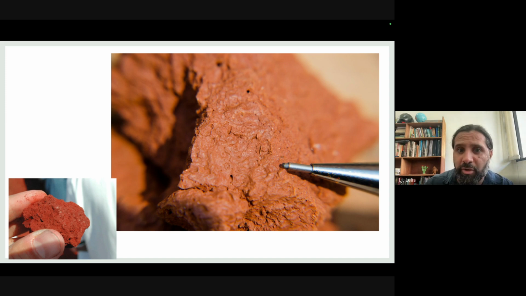Because we have some processes that seem to be connected to the genesis of nitic horizons. Some people usually show that this nitic horizon is more connected to clay formed in situ, clay formed in the B horizon. So we cannot see a lot of illuvial features that express clay migration in the nitic horizon. Yes, we have some nitic horizons with clay coatings and infillings, especially seen in thin sections at the microscope scale.